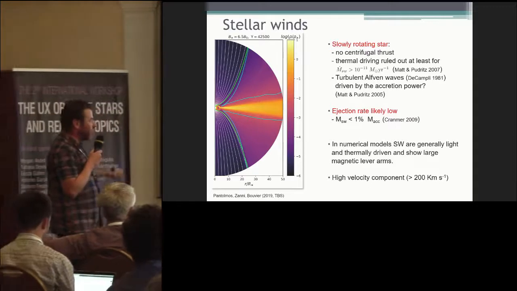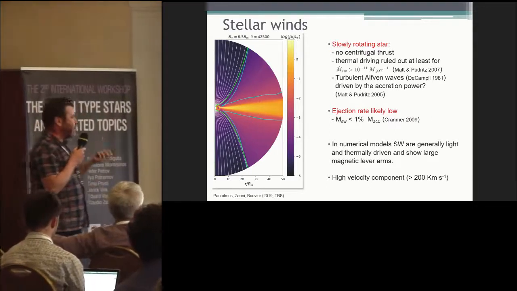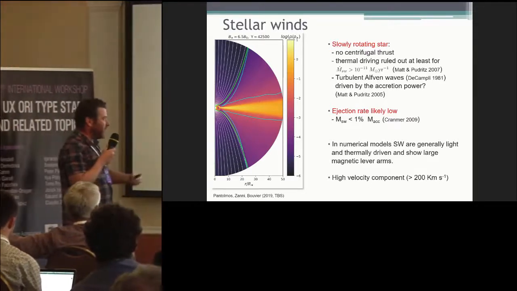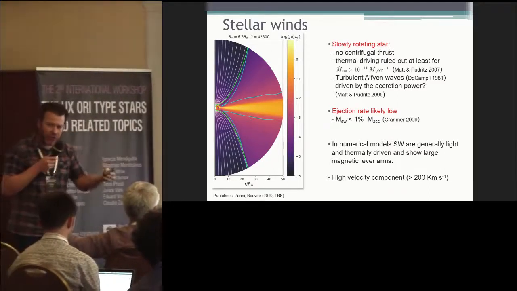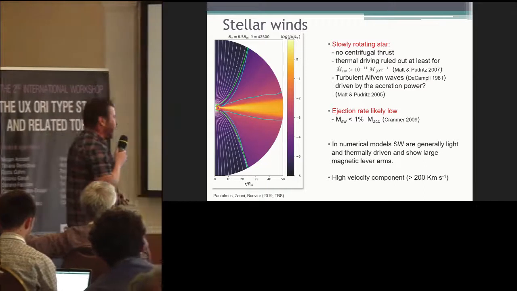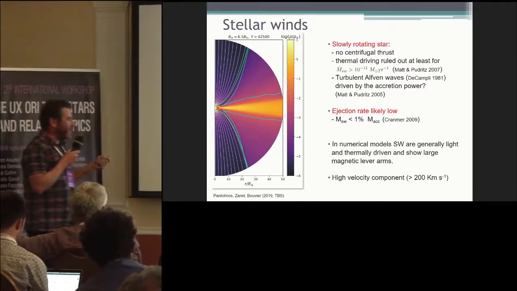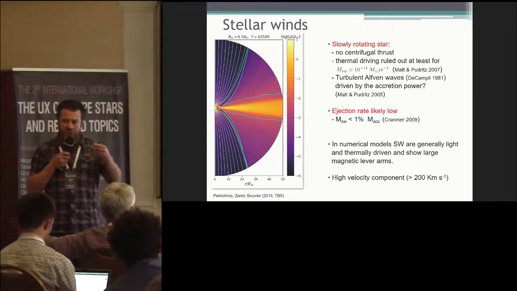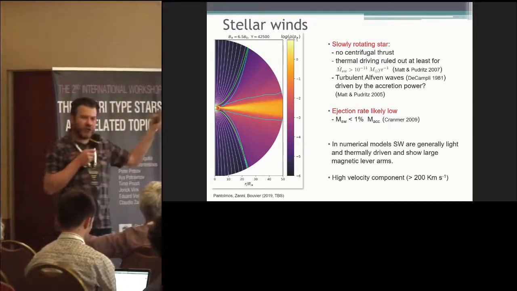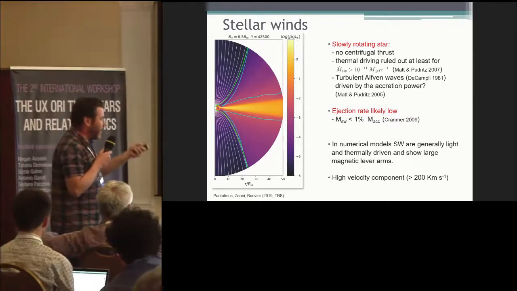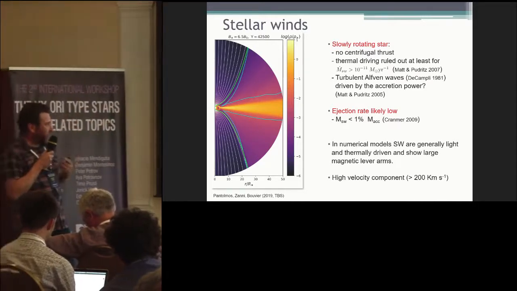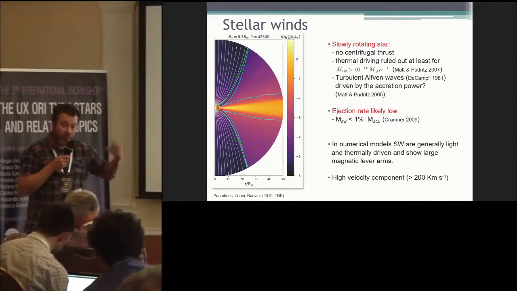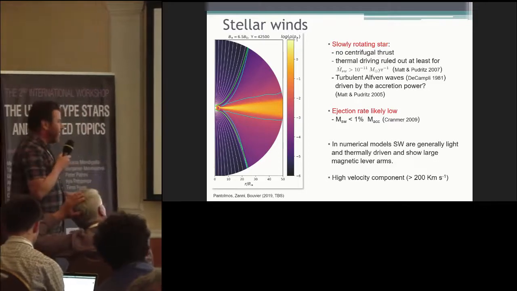One of the most popular propositions is to have essentially Alfvén waves, probably triggered and amplified by the impact of the accretion columns on the surface of the star. In this way, we can also introduce a link between accretion and ejection also for stellar wind. Matt and Pudritz like to call this kind of scenario accretion-powered stellar wind.